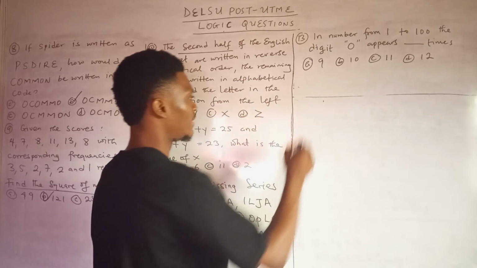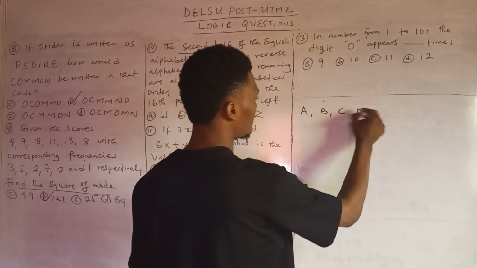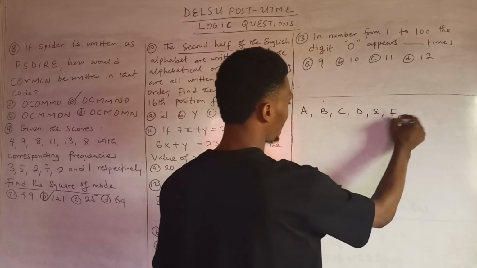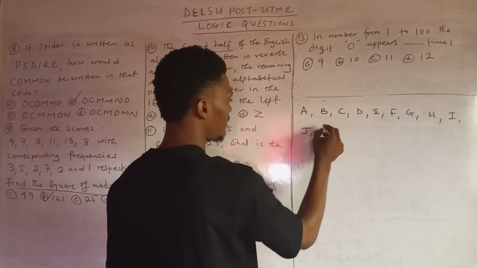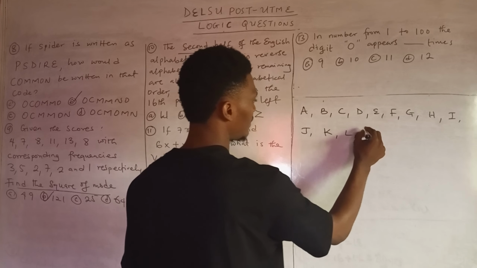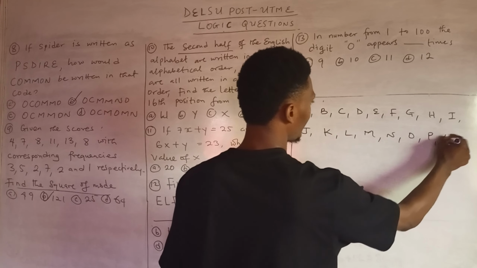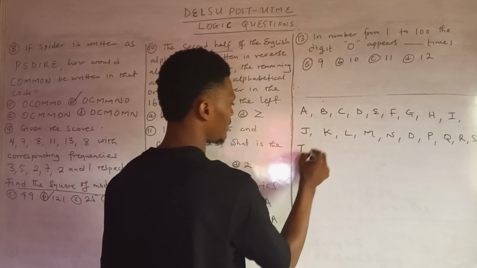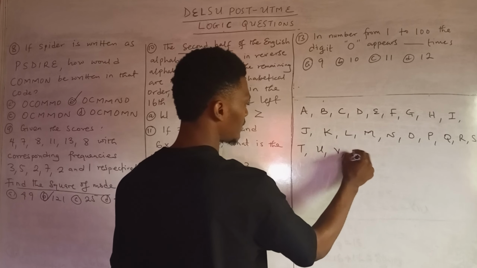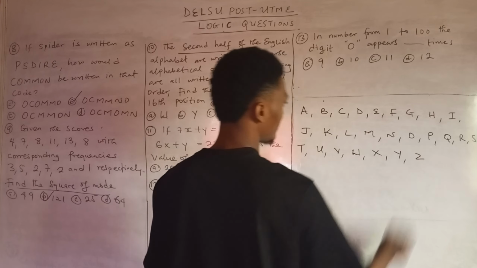We have A, B, C, D, E, F, G, H, I, J, K, L, M, N, O, P, Q, R, S, T, U, V, W, X, Y, and Z.